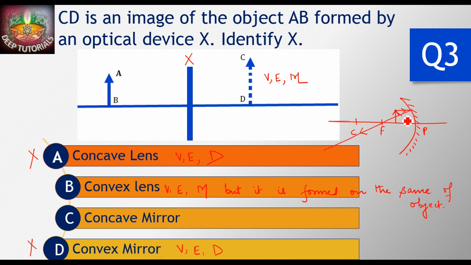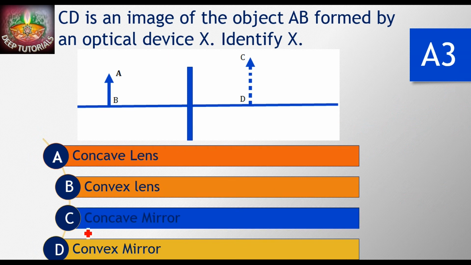Another ray which is oblique at point P at a certain angle is reflected with the same angle, and when the rays are produced back, they appear to meet at a point behind the mirror, forming a virtual, erect and magnified image A dash, B dash, or in this case we can say this is C and D. Hence the correct option for this question number 3 is C.